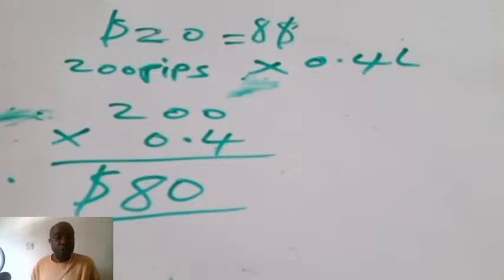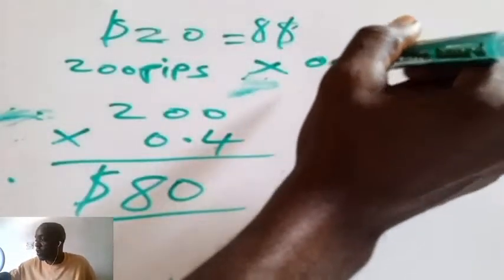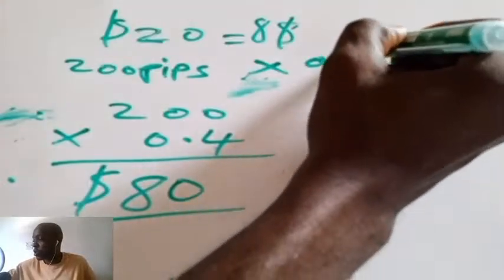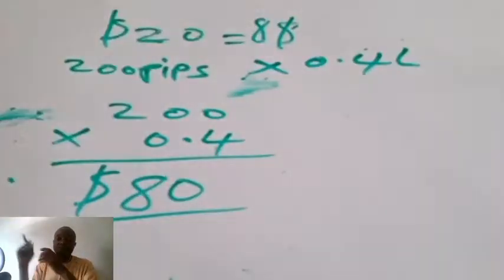If you are using a low leverage broker, you can reduce your lot size from 0.4 to 0.2.